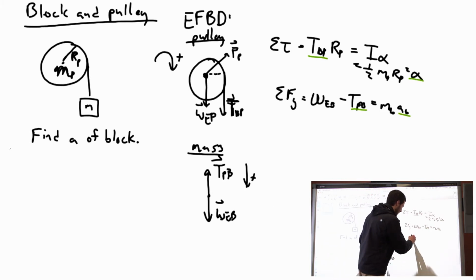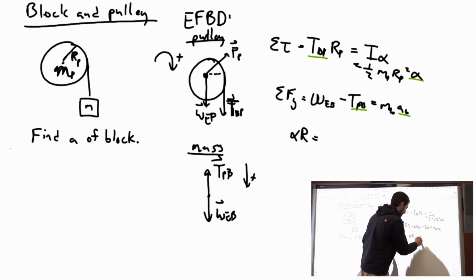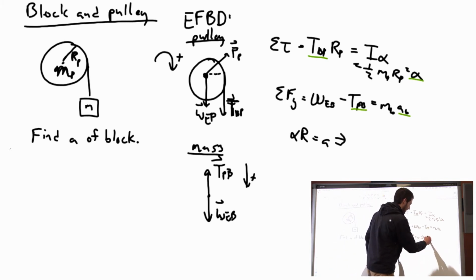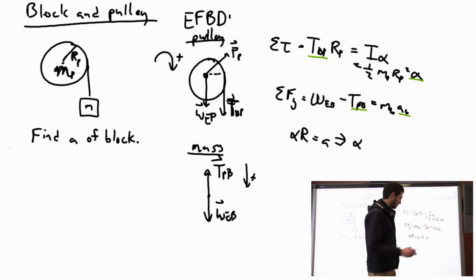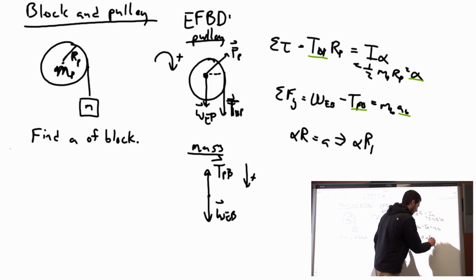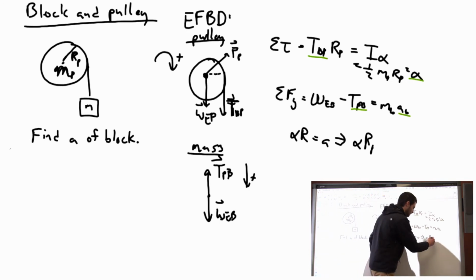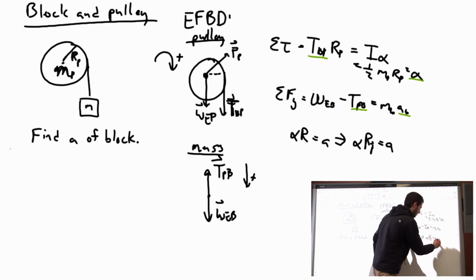The condition looks something like alpha times r equals A. So in this case, that's just alpha times radius of the pulley, because that's how far out the block is, equals acceleration of the block.